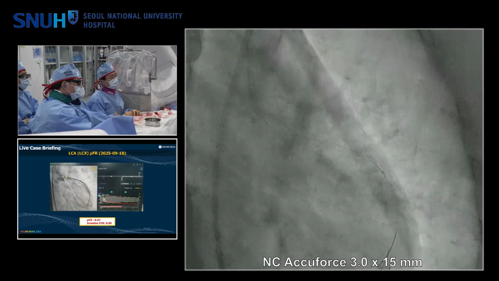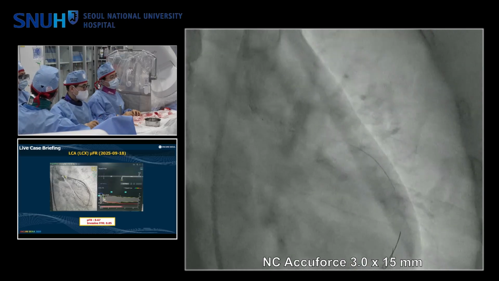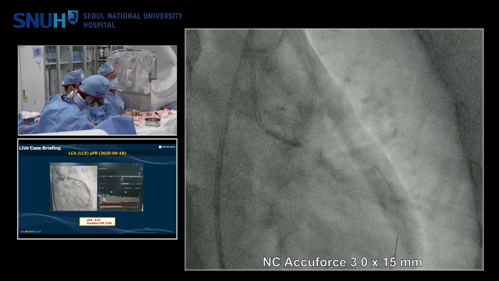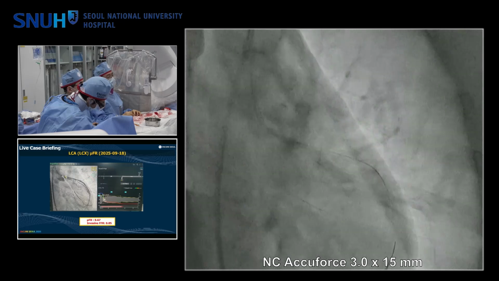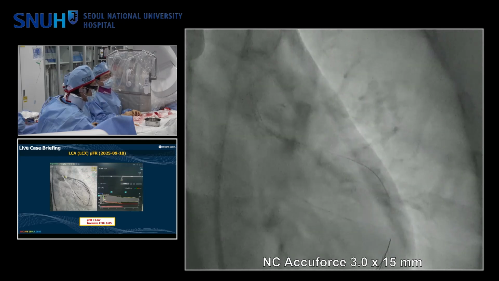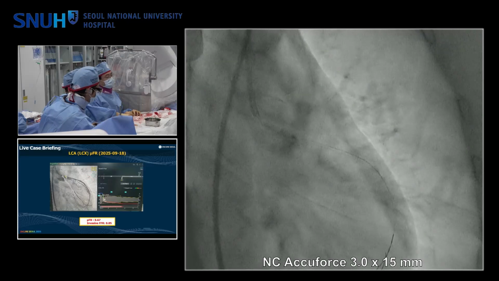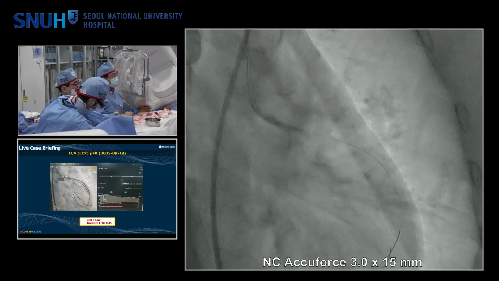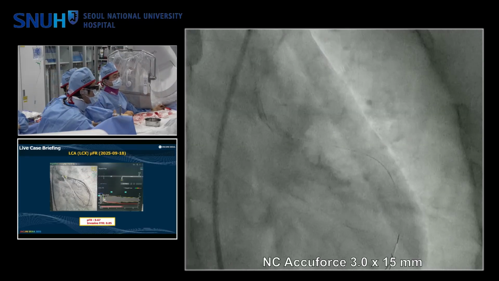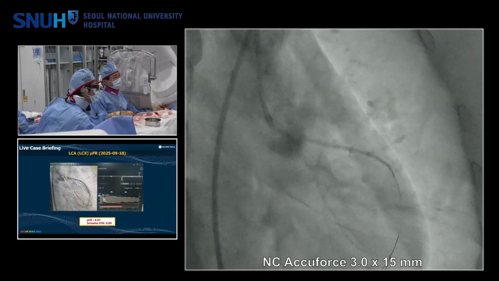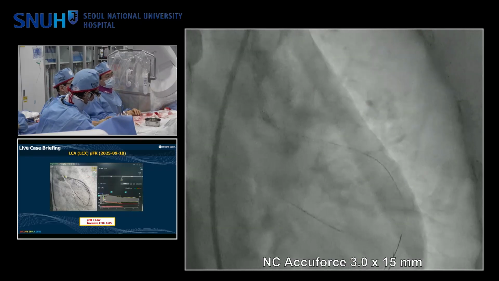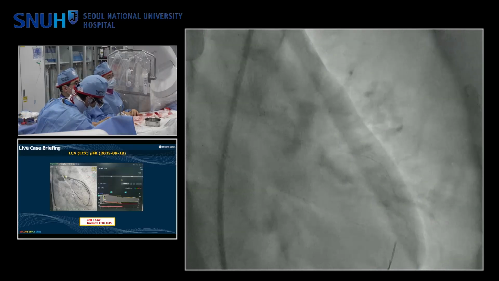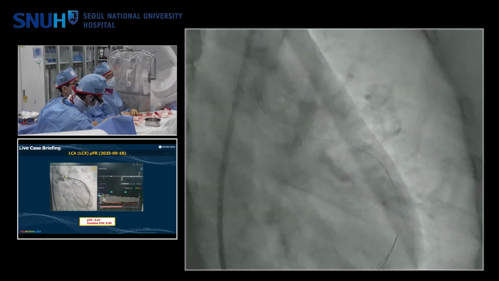We are going to touch and cover the LAD ostium. What is the nominal? 12 atmosphere. Okay, let's test it. Sufficient. Okay, left main.